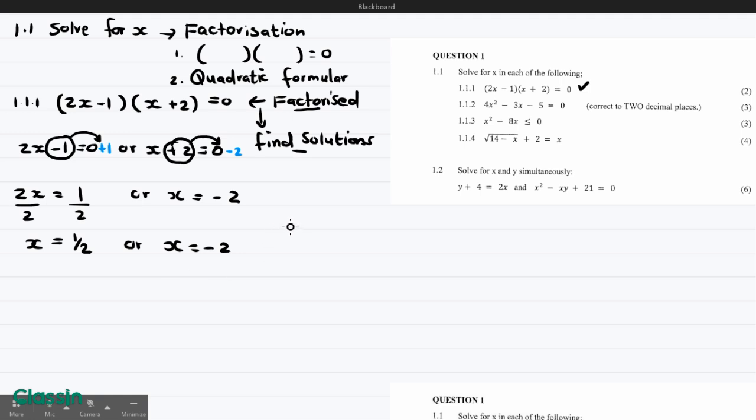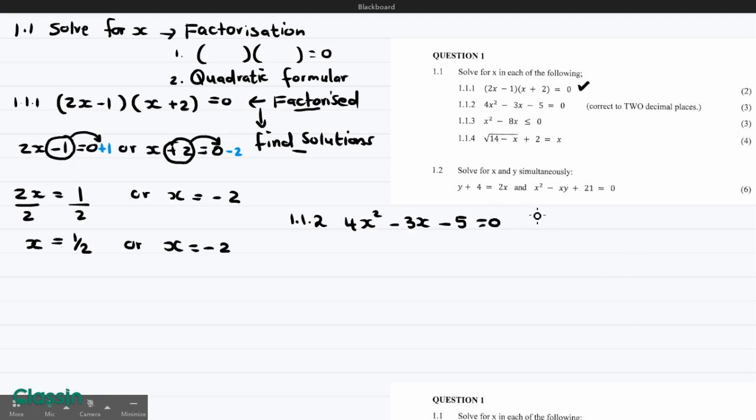Now, let's look at 1.1.2. 1.1.2 is given by 4x squared minus 3x minus 5 equal to 0.